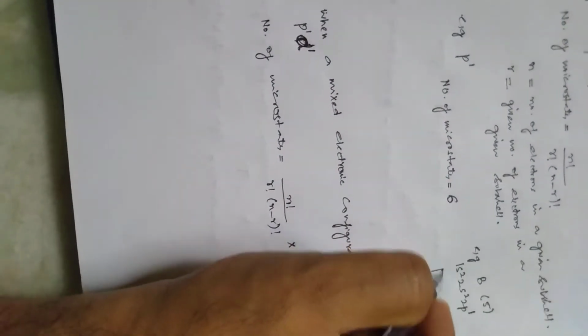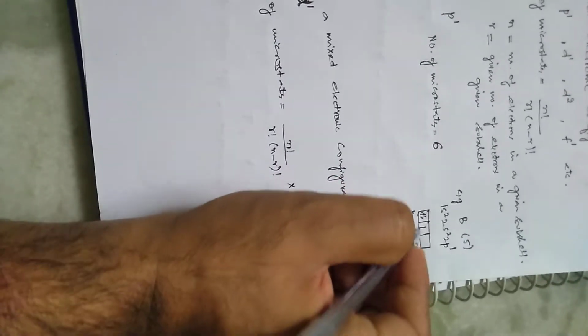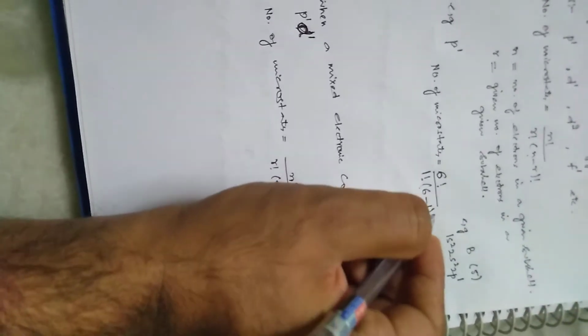Because we know for a given subshell p, we have 3 orbitals, px, py and pz. We can accommodate a maximum of 6 electrons. So it's 6 factorial divided by, we are given p1, so 1 electron is present, so r is 1 factorial into n minus r, so it would be 6 minus 1 factorial.